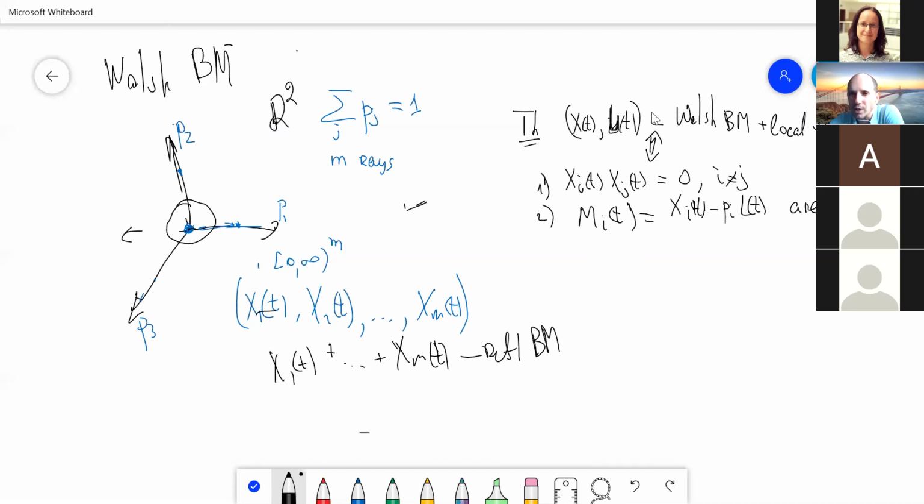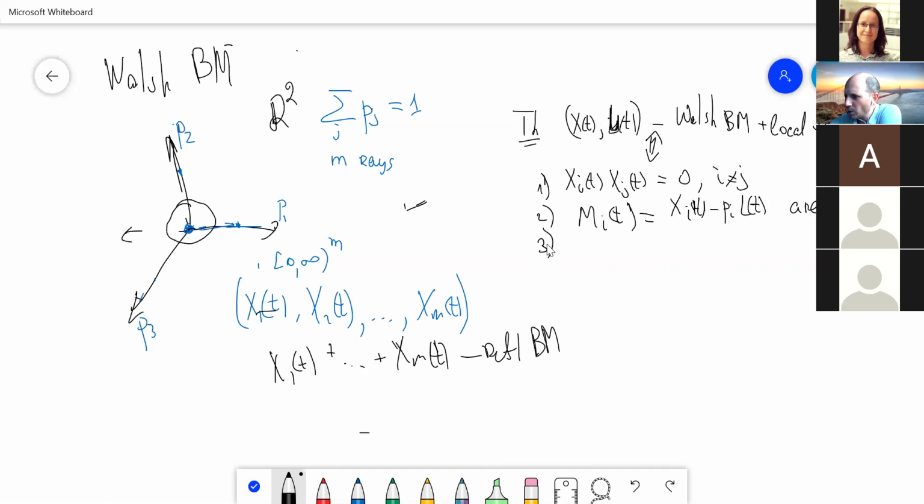And this process should be continuous. They are martingales with respect to the filtration generated by X, and this filtration should be completed by sets of probability 0.